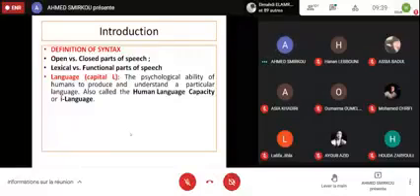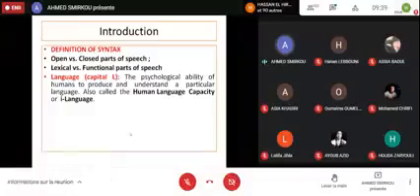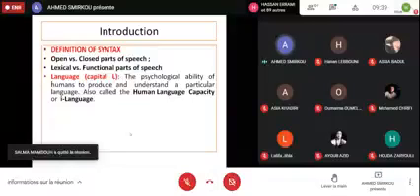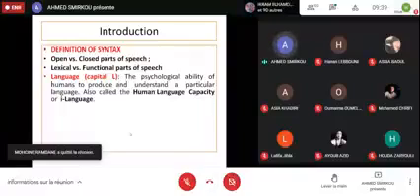Language with capital L refers to the psychological ability of humans to produce and understand a particular language, also called human language capacity or I-language. As Chomsky says, this is the innate ability that every normal human being is born with.